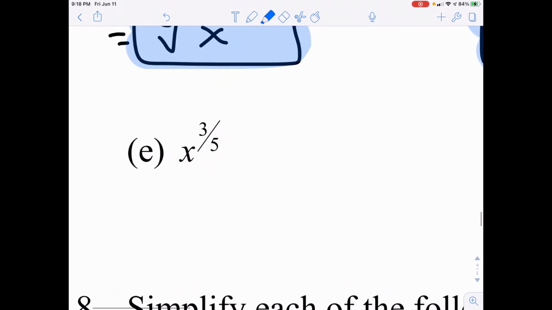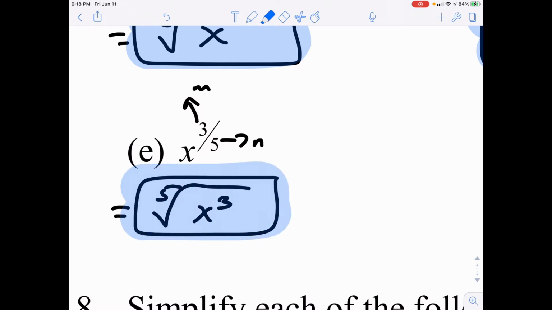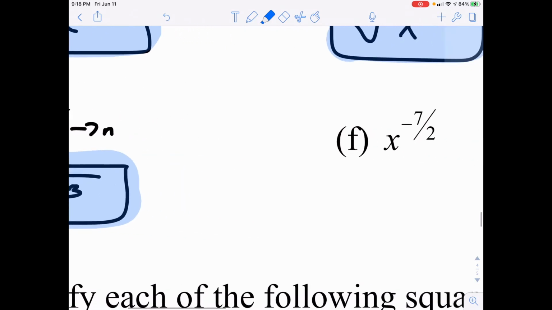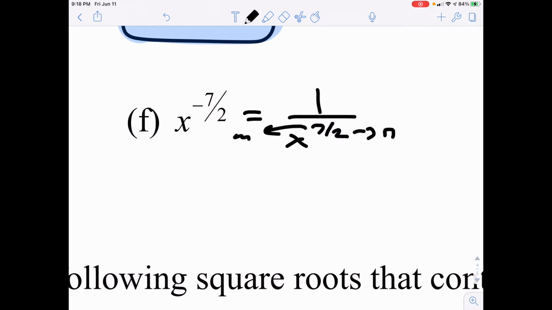E, 5 is the root, 3 is the power. This is the same thing as the fifth root of x to the third power. X to the 7 halves gets rewritten as 1 over x to the positive 7 halves, where 2 is the root, 7 is the power.